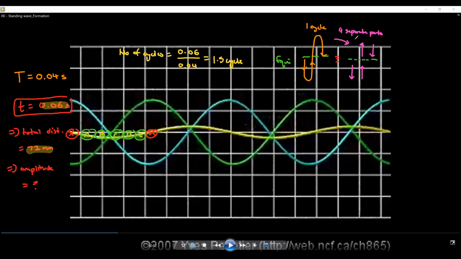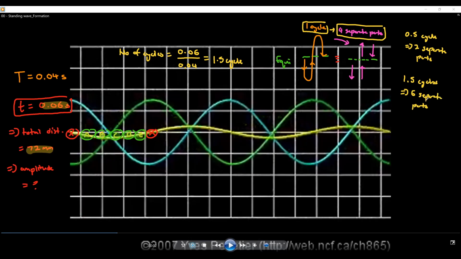All right. So how many separate parts would 1.5 cycles actually have? You can see here, one cycle gives me 4 separate parts, isn't it? So from here, you can deduce that half a cycle must give me 2 separate parts, isn't it? Now at 1.5 cycles, this would tell me that I would have 6 separate parts.